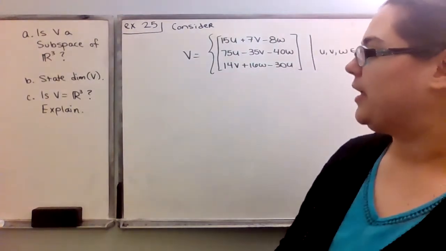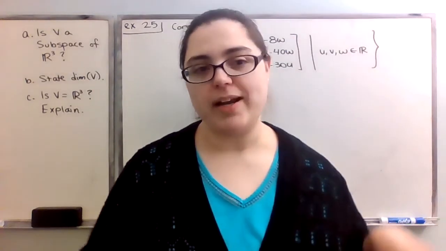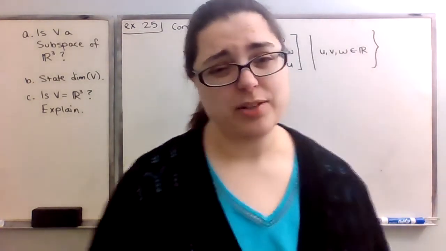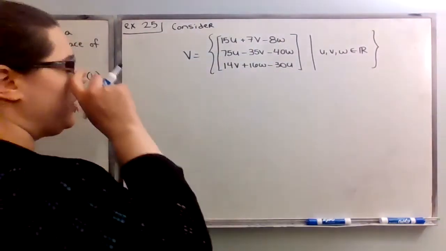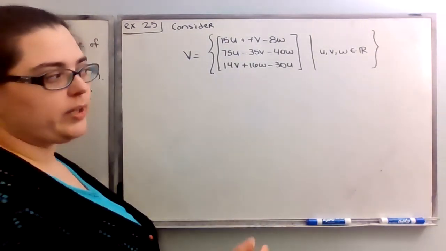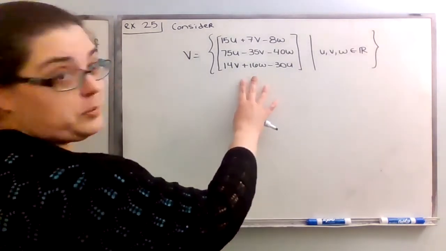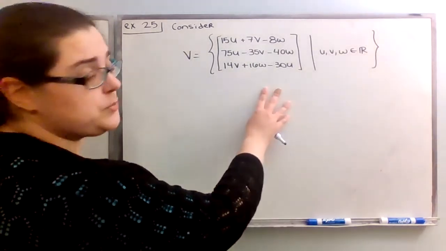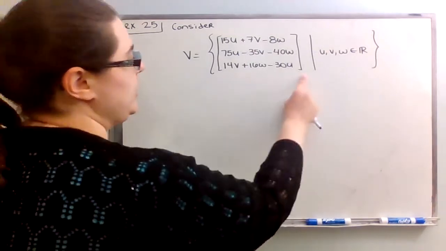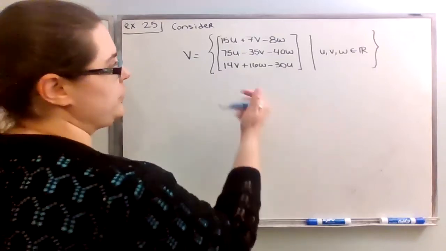So in this case, this is simply another way of writing a span of a set. And here's how. This is actually kind of like when we were talking about the image of a matrix before, and we had A times x, y, z. And then we wrote it as something kind of similar to this, just with x's, y's, and z's. So I'm going to rewrite this as just the u stuff, the v stuff, and then the w stuff.